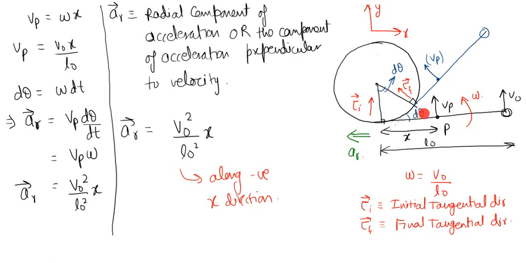The initial line joining the center of the cylinder to the point of contact, and the final line joining the center of the cylinder to the point of contact, will make an angle d theta, and this d theta is similar to the angle between the initial orientation of the string and the final orientation of the string. So this d theta and this d theta will be similar here.